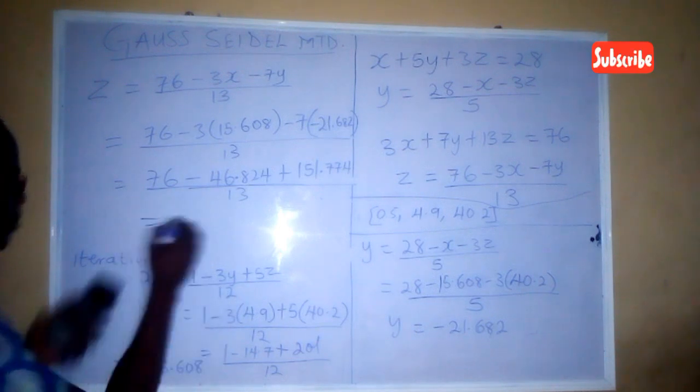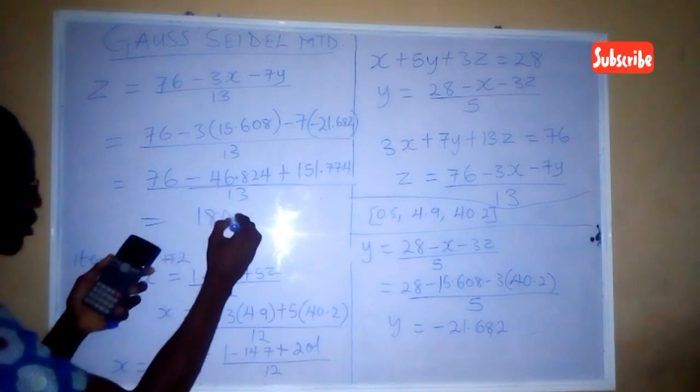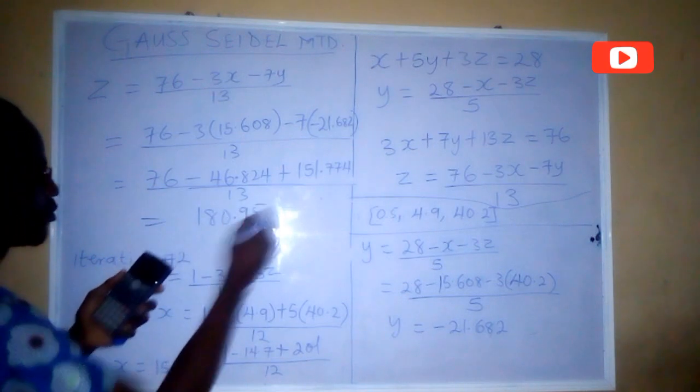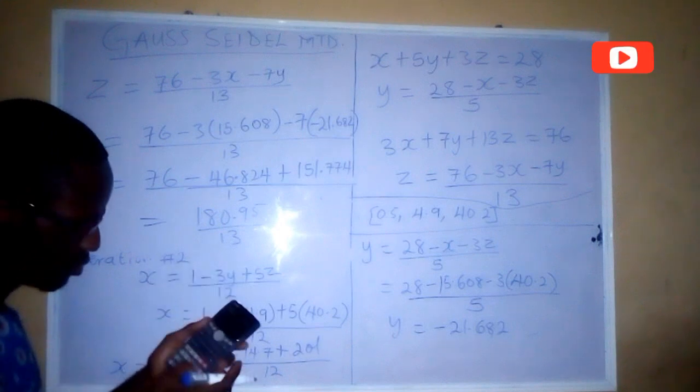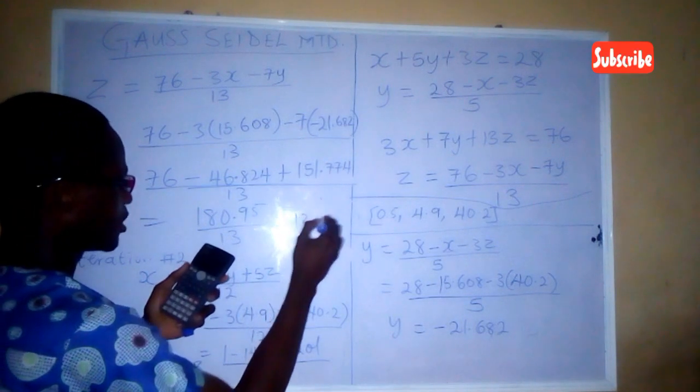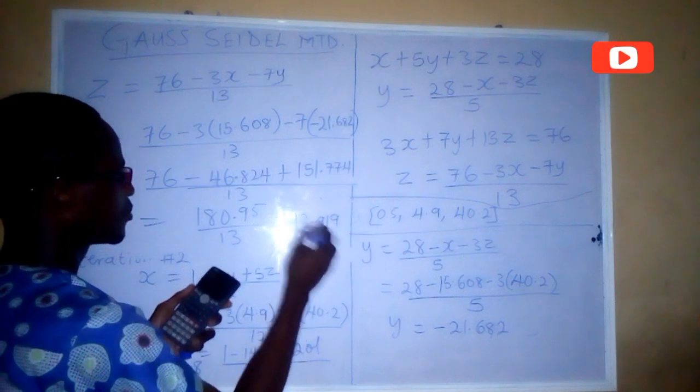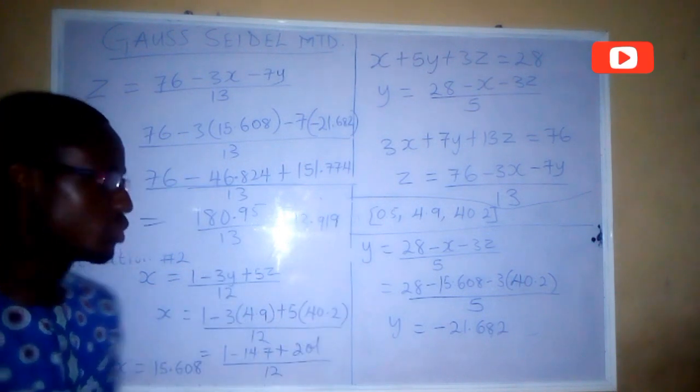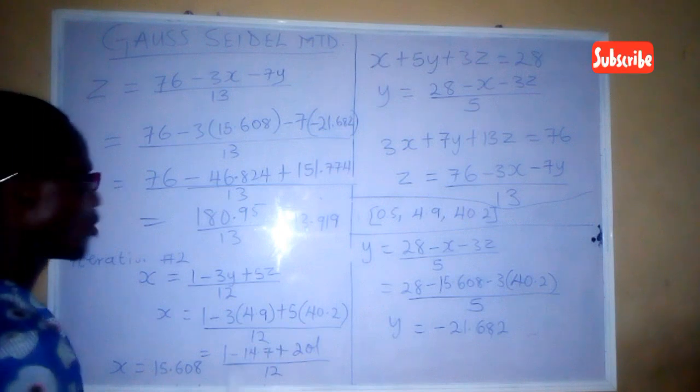So that gives 180.95 all divided by 13. So we have 13.919.